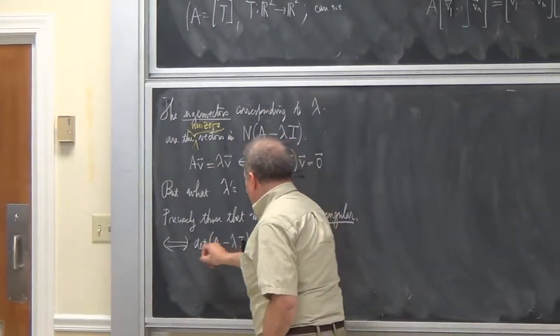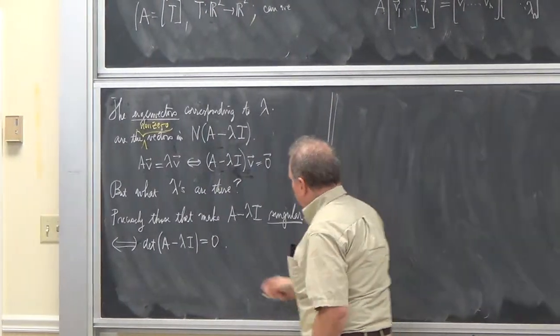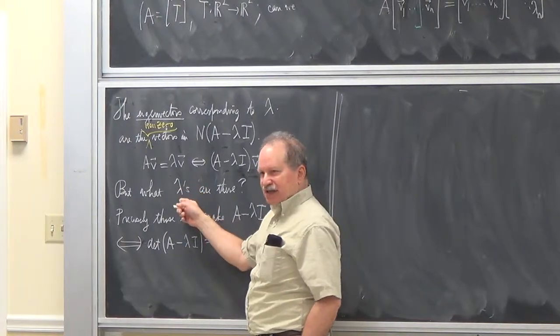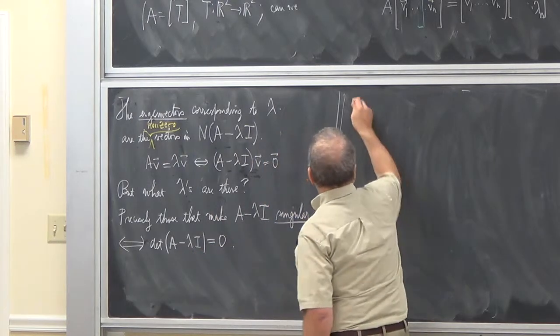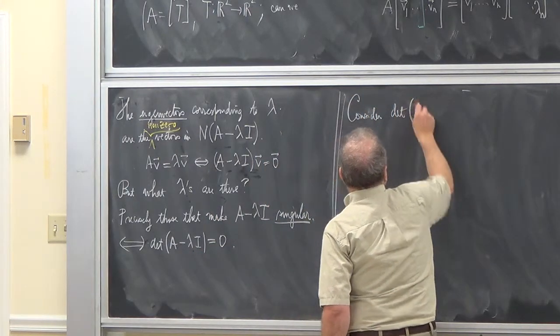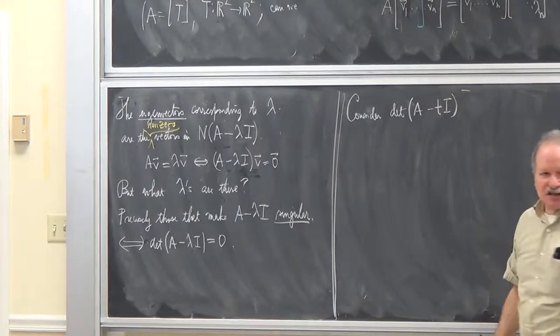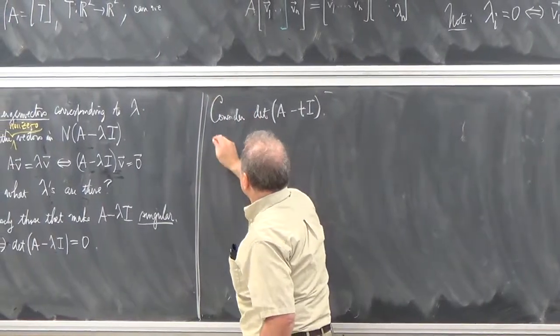And in fact, let's do this for reasons that you will see. I'm not going to use lambda as a variable here. I want my lambda to stand for an actual number that works. So let's consider the determinant of A minus t times I. T is going to be my variable. So let's do this for this example.